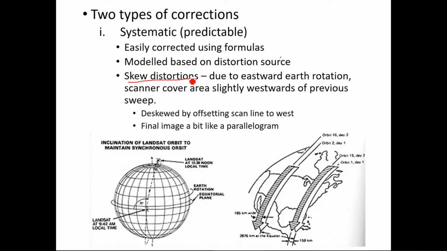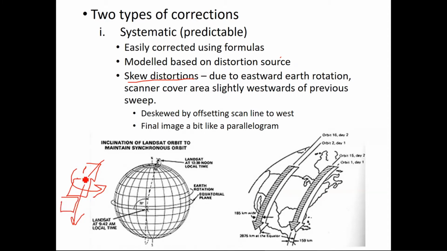So due to the eastward Earth rotation, you can see here in the bottom left image the direction in which the Earth rotates, west to east, right? And here you can see the path of the satellite. As the Earth rotates eastwards and the satellite is moving like this, for each photo that is taken there might be a westward displacement, isn't it?